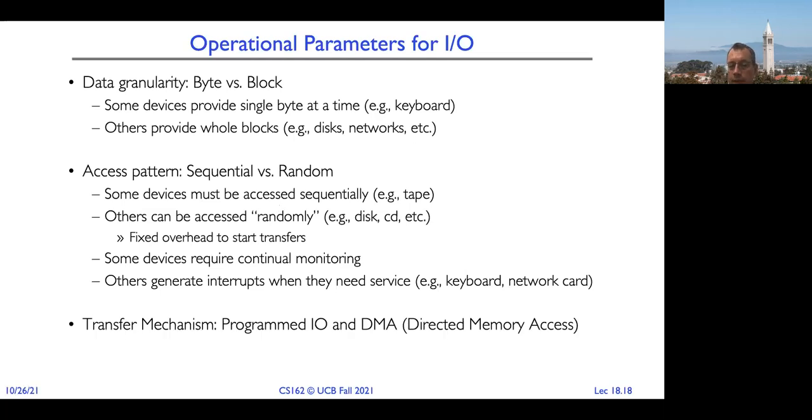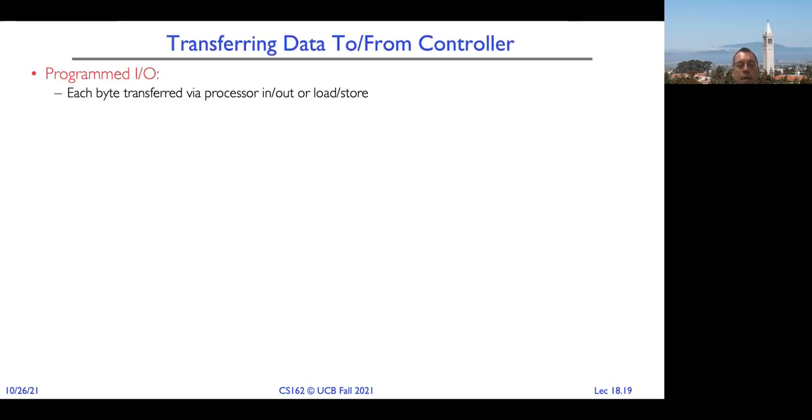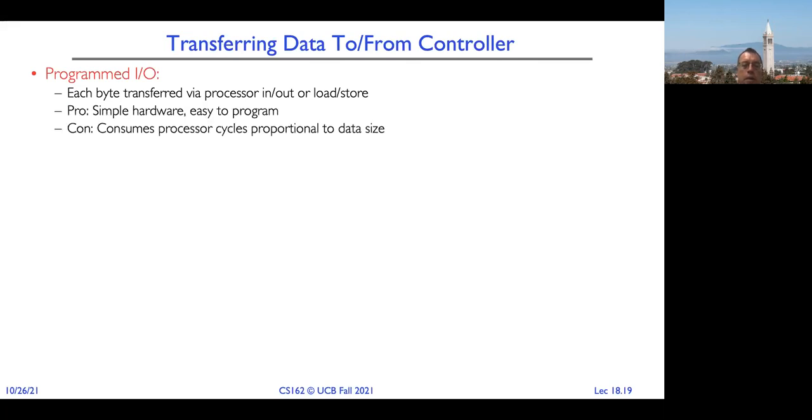And now the transfer mechanism. How is this? Program I/O or DMA, direct memory access. Program I/O means the processor takes a byte from one device and transfers it to another device. For instance, it takes a block of data from the disk and puts it in memory, using in, out, and load, store.